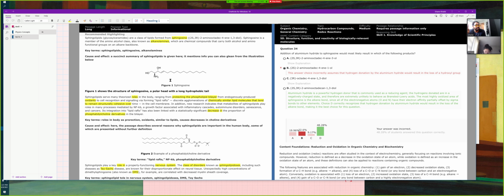Add a fourth one, it's going to take another OH group, turn it into a double bond. Then you add a fifth one, it'll turn it into a single bond. So that's what you're going to get.